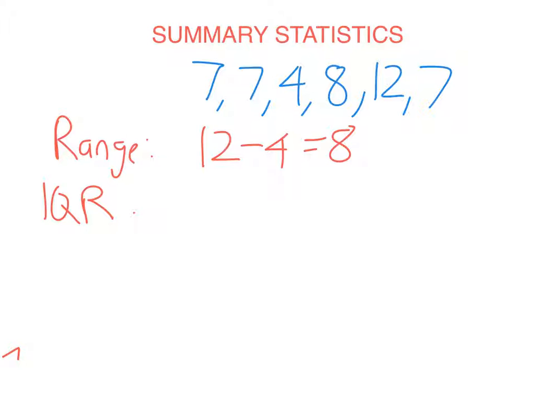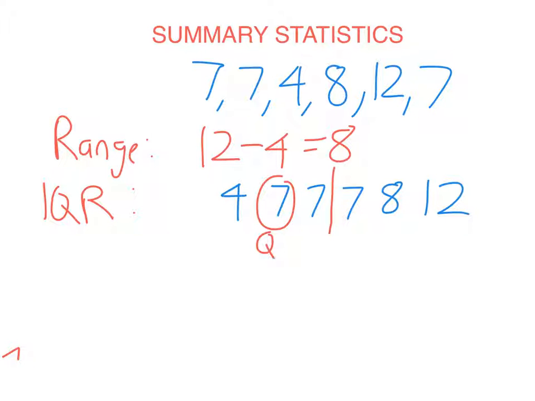So if we want to put these into quartiles, these numbers again have to be ordered. So I'm going to write them from smallest to largest. So remember, the way we do quartiles is this. We split up the groups into the top half and the bottom half. So Q1 is the median of the lower half. In this case, there's 3 scores in the lower half, so the median is one of the scores.